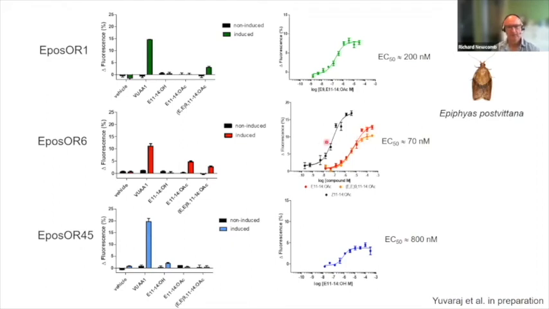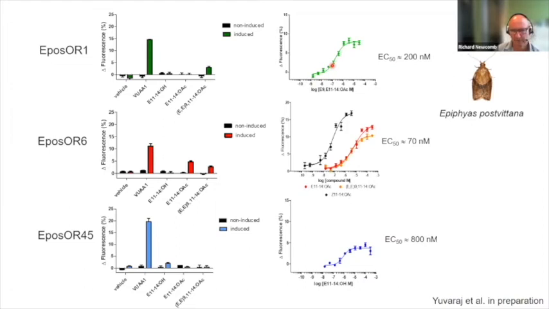And I won't bore you with the pharmacology, but basically this is just like looking at a classical drug target, where if you find the right odorant, then you can create a dose response curve for it, and you can see how sensitive it is to the different compounds.